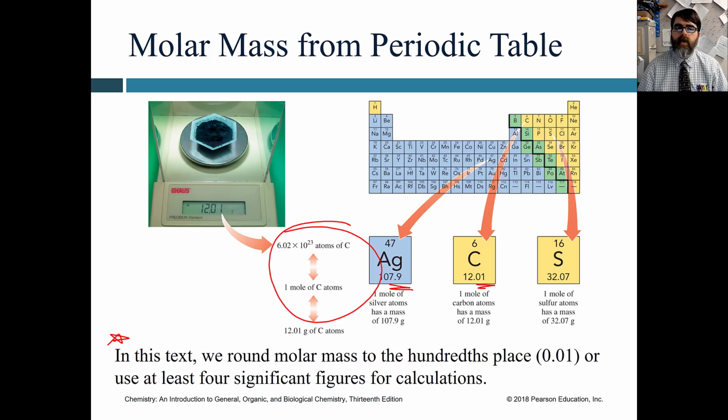As I mentioned before, we don't want to let conversion factors limit us. We always want the measured values to be what limits us in a calculation. So as long as the mass that you're using from the periodic table is equal to or greater than your number of significant figures in a measurement, then you know that it's going to be your measurement that limits you and not the mass from the periodic table.